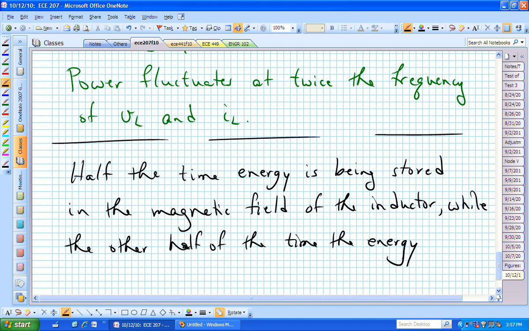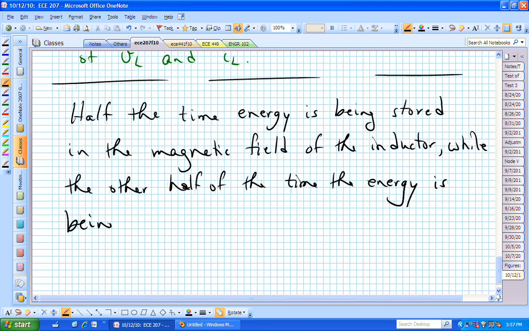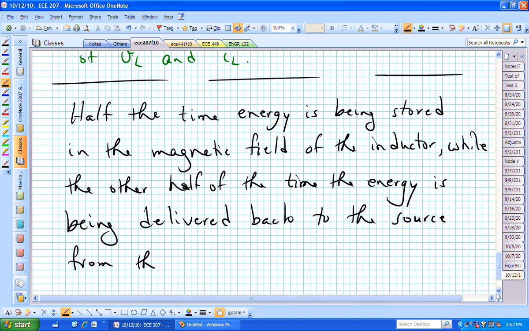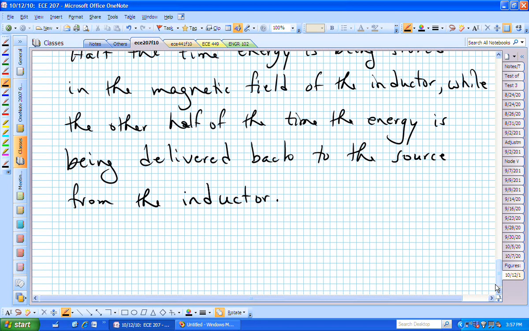So half the time, energy is being stored in the magnetic field of the inductor, while the other half of the time, the energy is being delivered back to the source from the inductor. Now the power company might not like that too much.